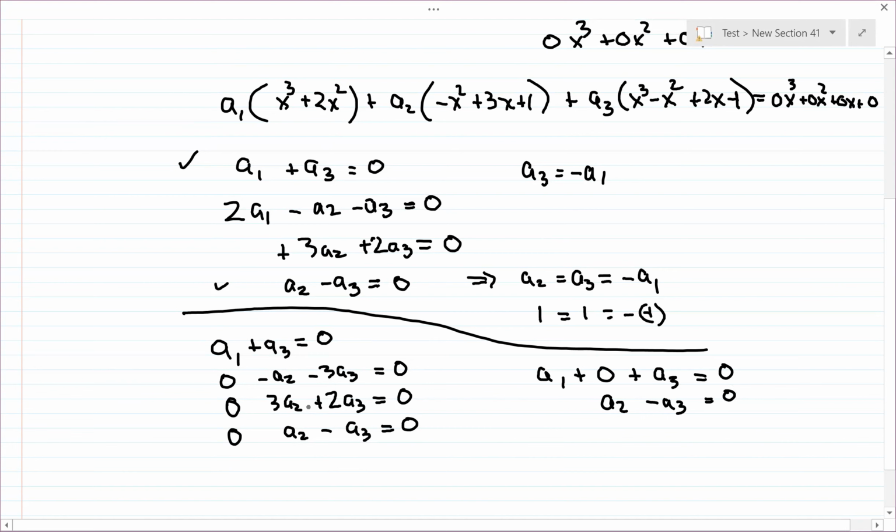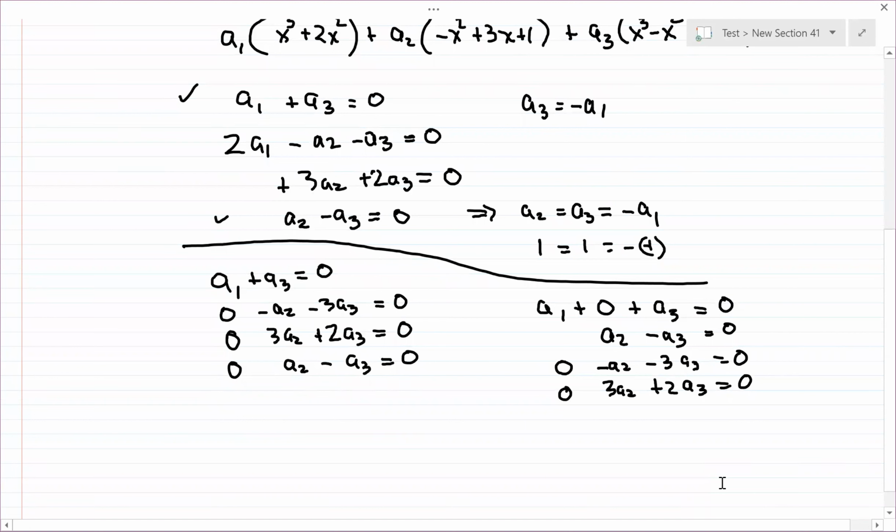And then this equation would just be 0 minus A2 minus 3A3 equals 0. And the other equation would be 0, 3A2 plus 2A3 equals 0. Make sure I didn't mess it up by flipping it around. I tried to put this one as the second equation. I think I succeeded in that. The one that was second is now third, the one that was third is now fourth. Everything's fine.